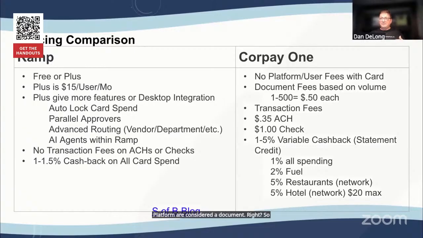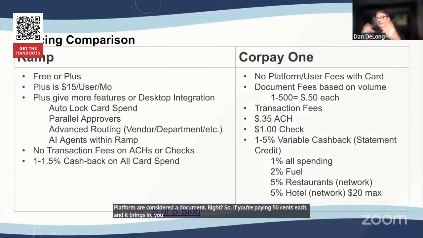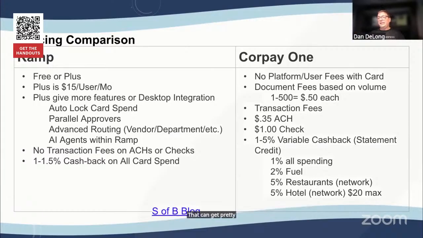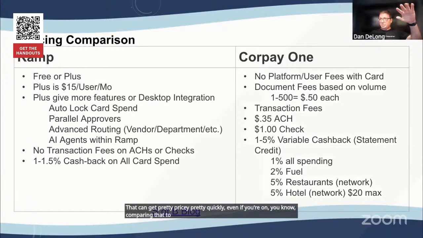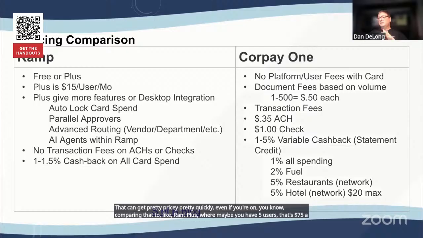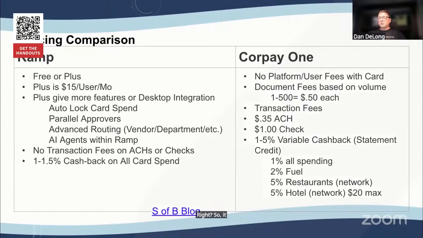So if you're paying 50 cents each, and it brings in a whole bunch of bills that you entered manually or batch imported into QuickBooks, that can get pretty pricey pretty quickly, compared to something like Ramp Plus, where maybe you have 5 users, that's $75 a month, right? So it could add up to that pretty quickly, even without the per user fee, right?